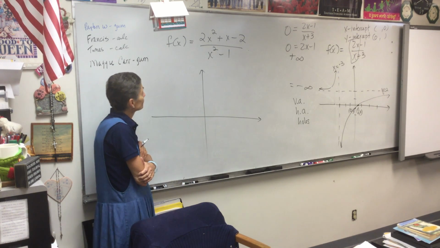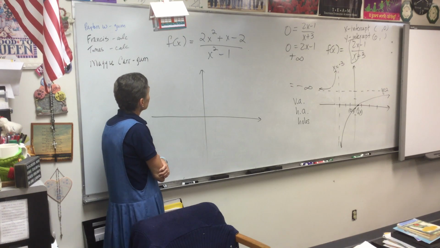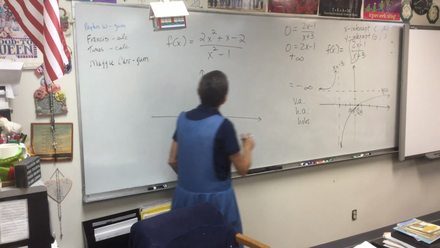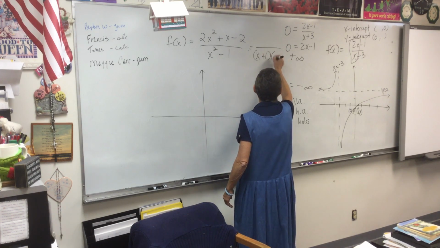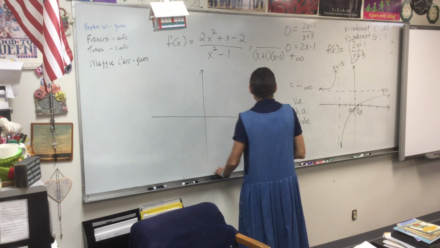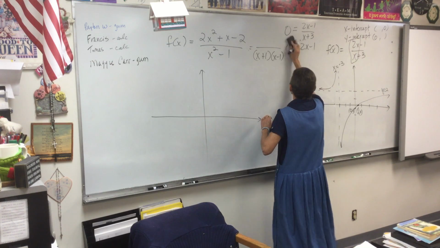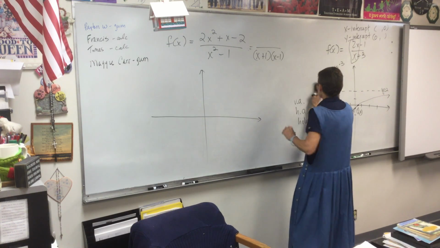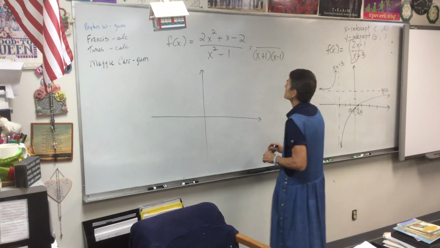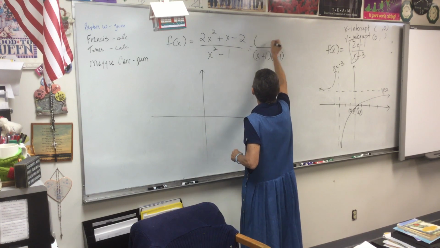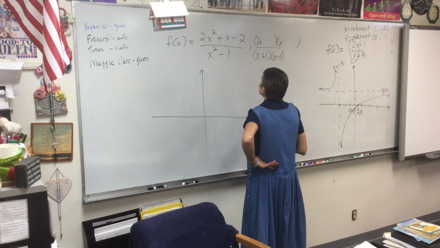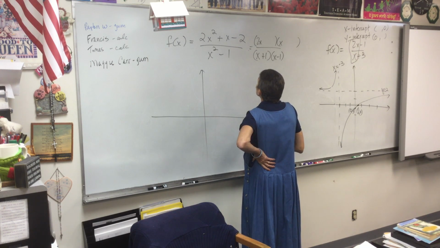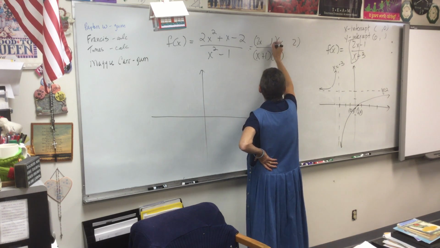Oh, that's how we can factor. I don't know, can it? The bottom one for sure can. So you'll have a hole. Well, we don't have a hole unless something cancels. So I gotta see if the top factors. I don't know, something tells me it doesn't, but I'd have to have a 2 and a 1.